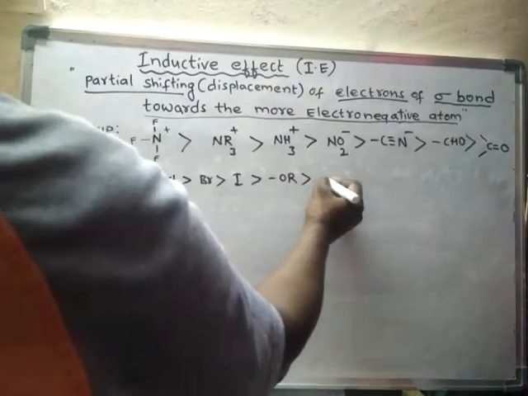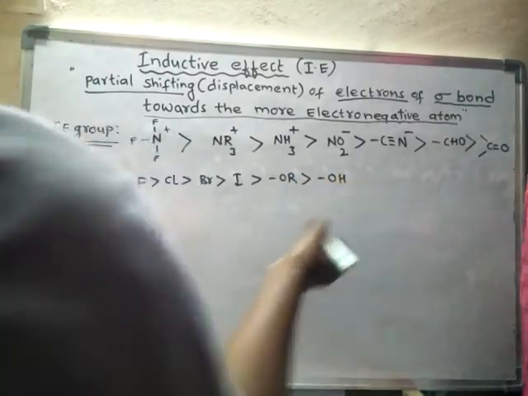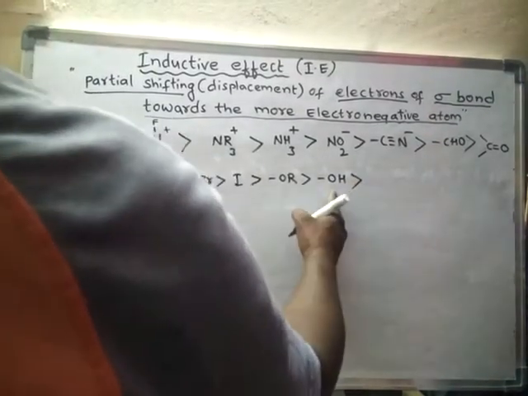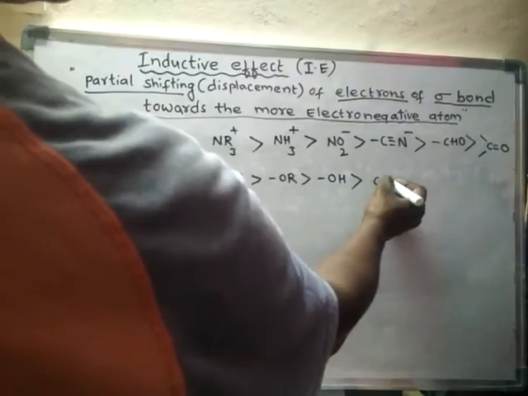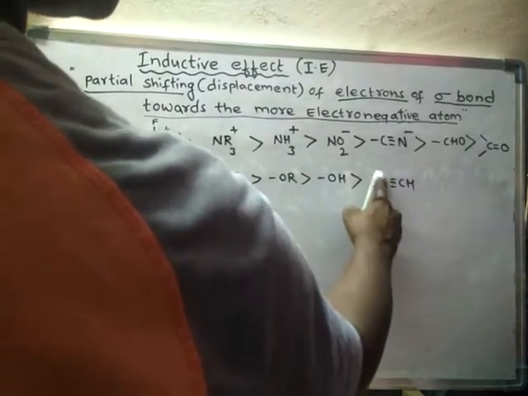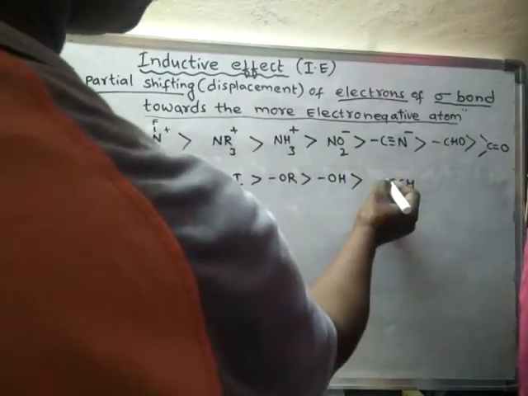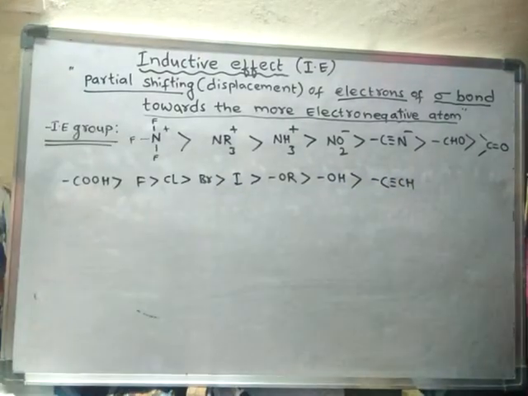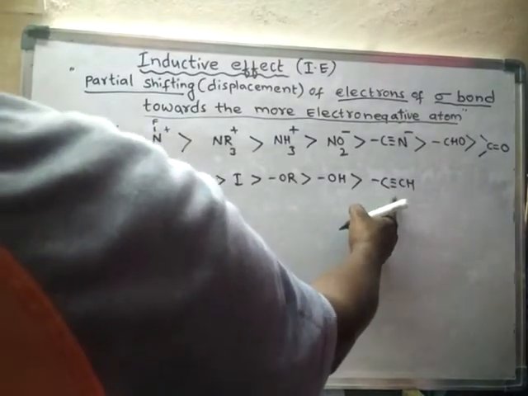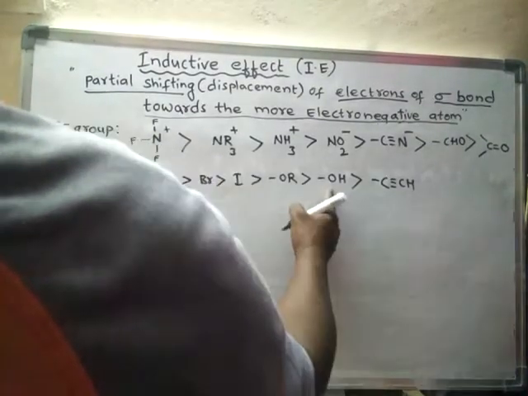Next to it is OH group, alcohol group, and after this one, C triple bond CH group, which shows lesser minus IE than OH group.